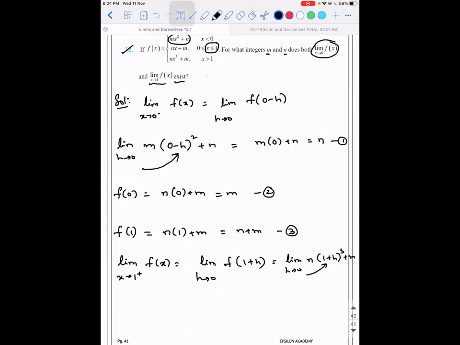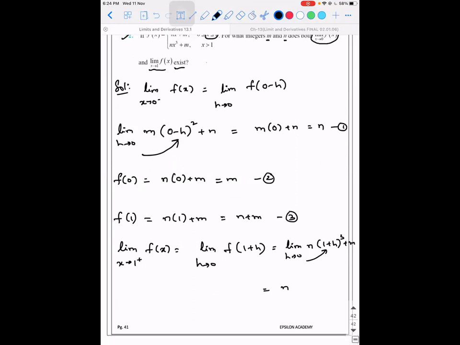If you take h tends to 0 and substitute it here, I will get the answer as n plus m. That is 4. So for limit at 0 to exist, 1 should be equal to 2, which implies n is equal to m.